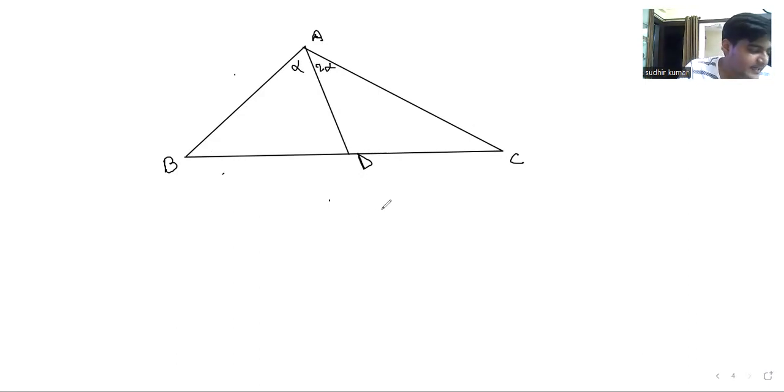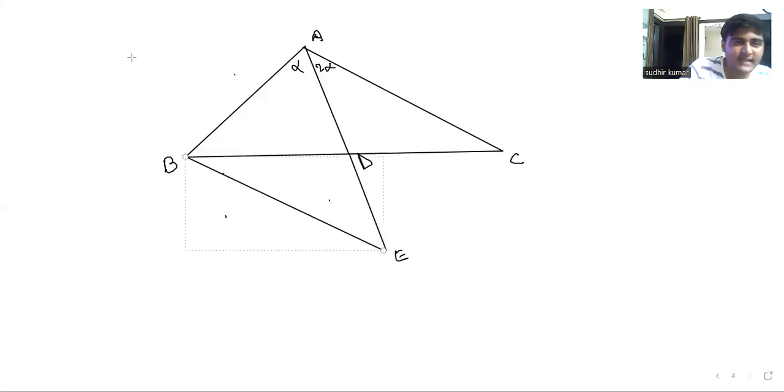Now, when AD is extended to a particular point E such that when E is joined to B, we see that EB is perpendicular to AB.